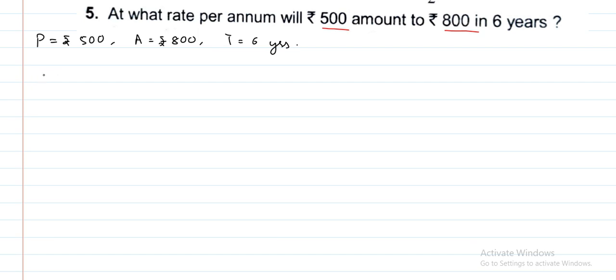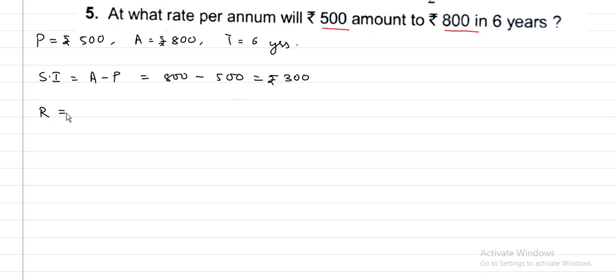So we know that simple interest is equal to amount minus principal. Amount is 800, principal is 500, so 800 minus 500 will be rupees 300. So simple interest is rupees 300.